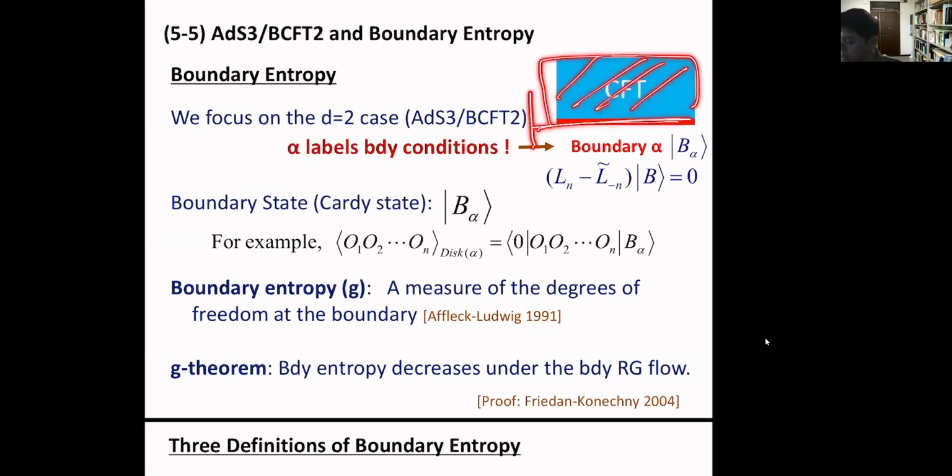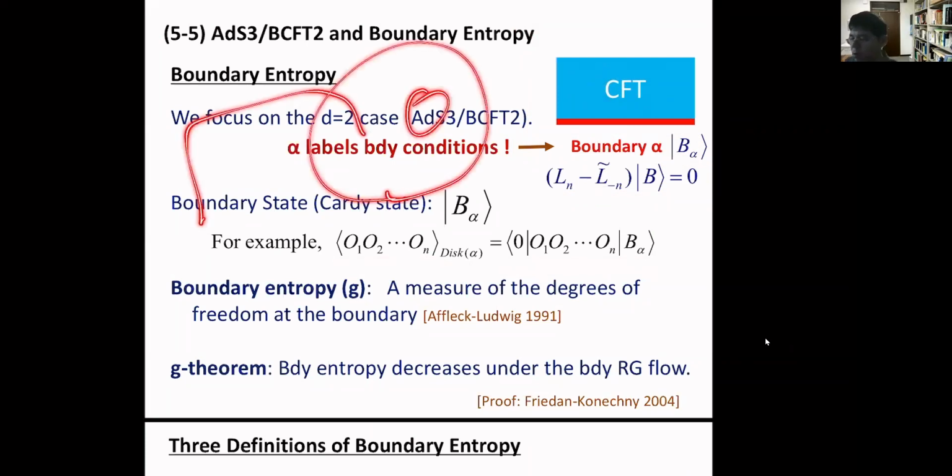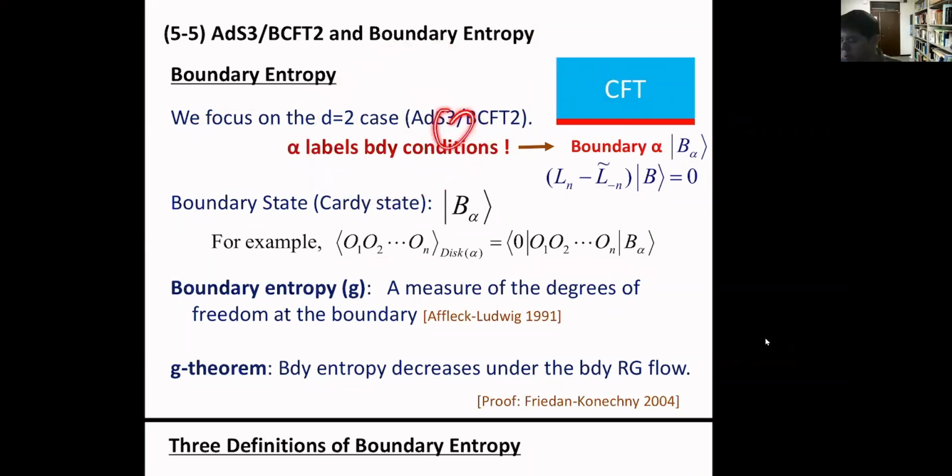If we regard this as the time direction, this looks like a state, right? This state is called a boundary state, and satisfies the Virasoro condition. The correlation function we can rewrite this way, which I already mentioned. A disk means a sphere with a hole, and inserting the boundary state is making the hole.